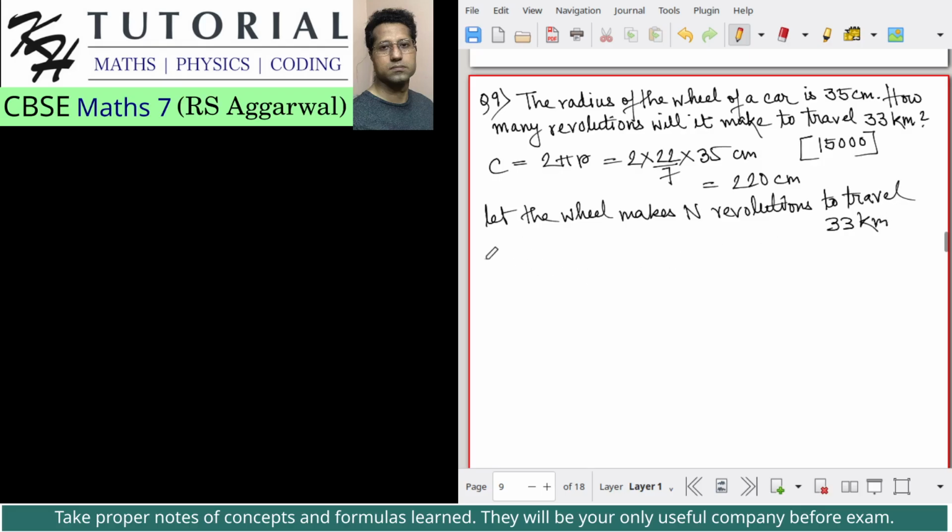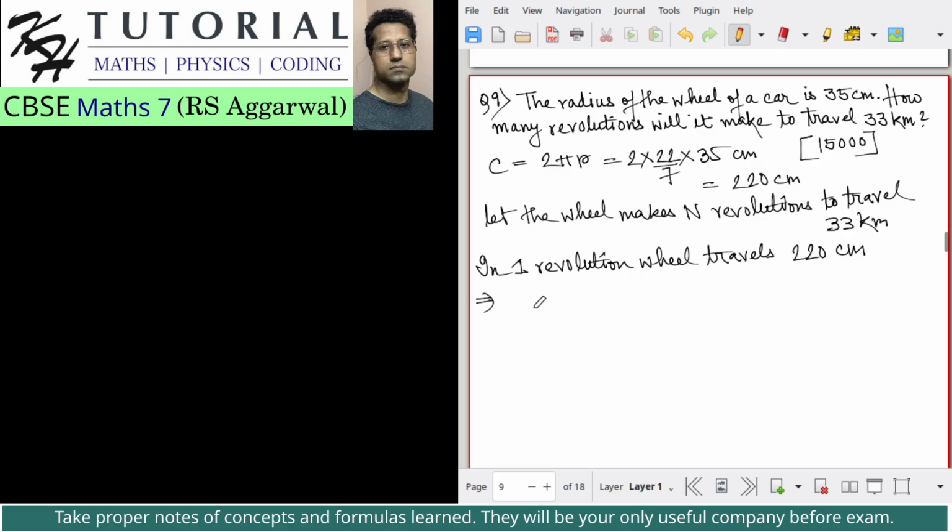Now we know in one revolution the wheel travels a distance which is equal to the circumference of the wheel. So in one revolution the wheel travels 220 centimeter.